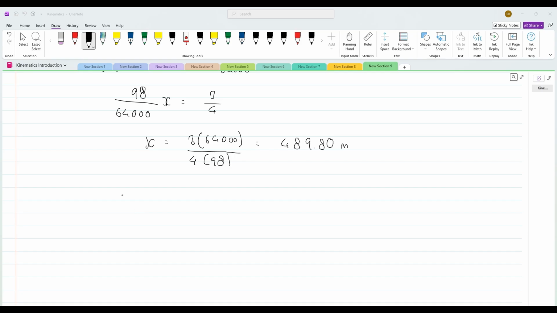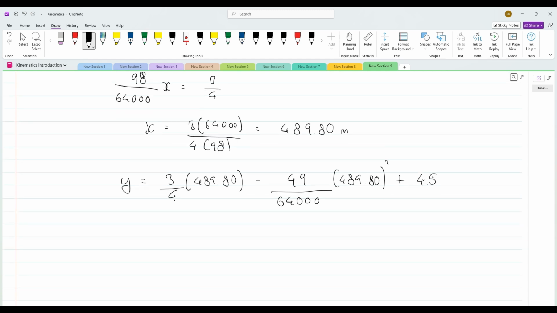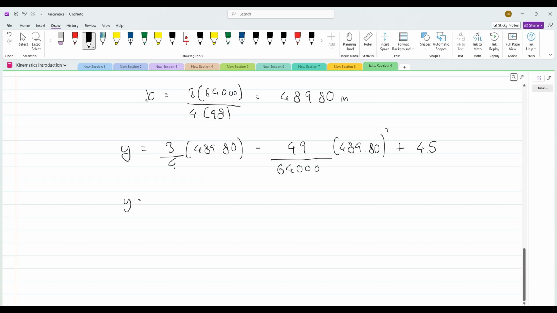So y equals 3/4 times 489.80 minus 49 over 64,000 times 489.80 squared plus 4.5, and if you do this on your calculator you should get y equals 188.17 meters.